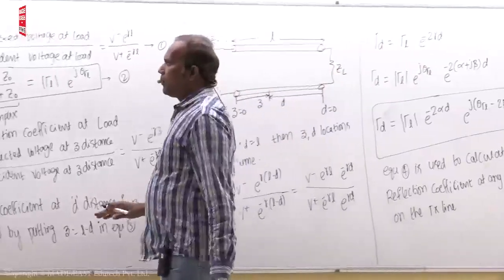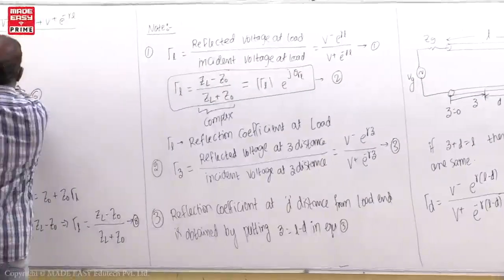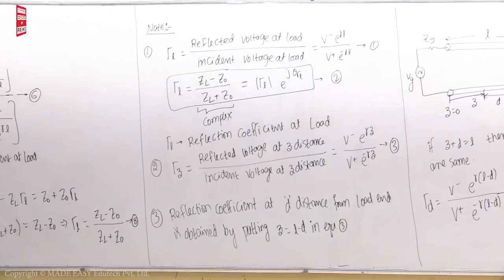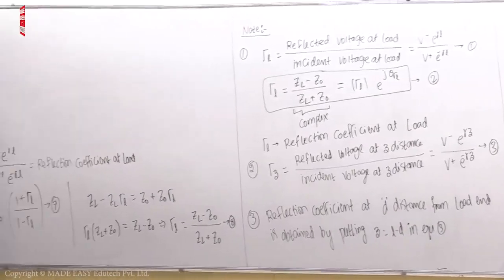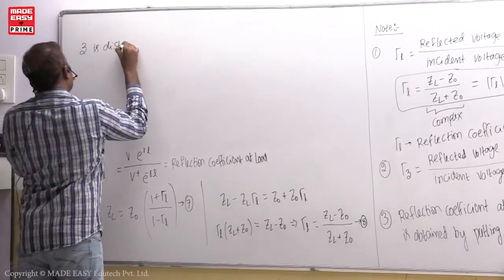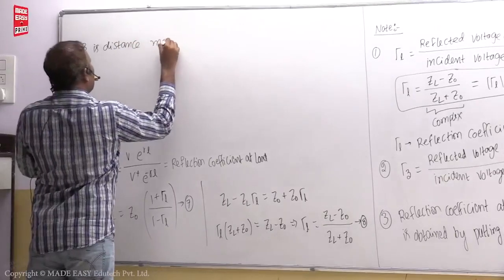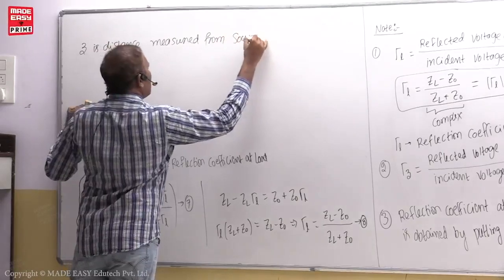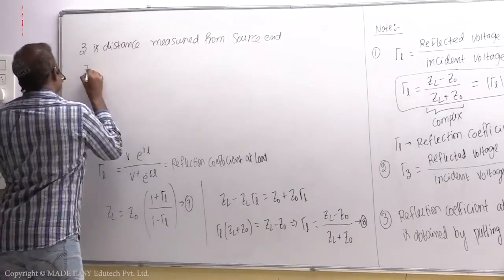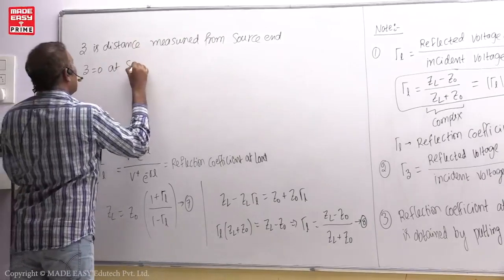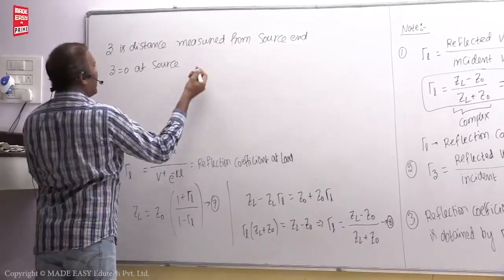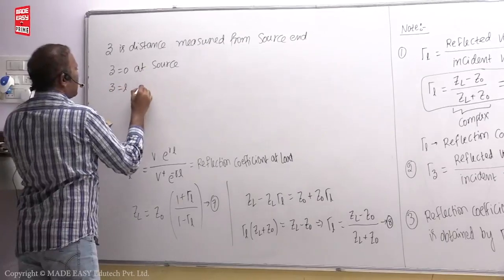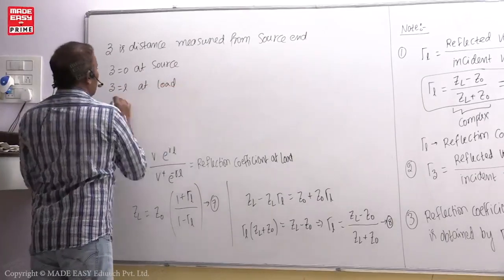What is the meaning of z? What is the meaning of d? I will write here. You see, students. Small z is the distance measured from the source end. z equal to 0 means at source, or otherwise sending end. z equal to total length of the transmission line means at load. This is one thing.